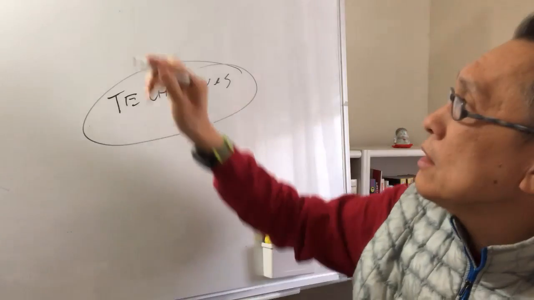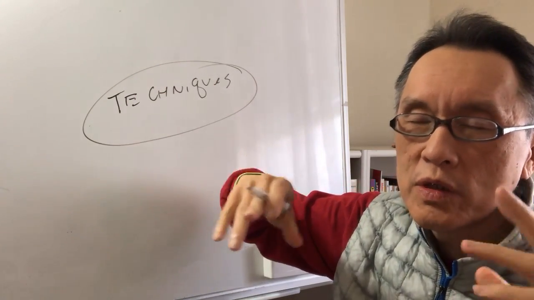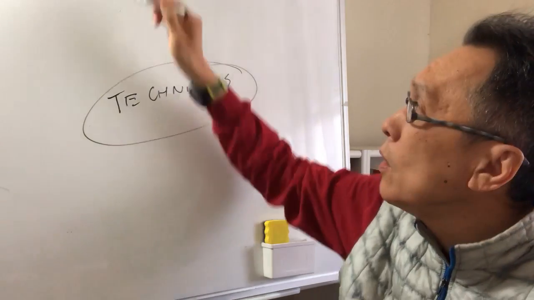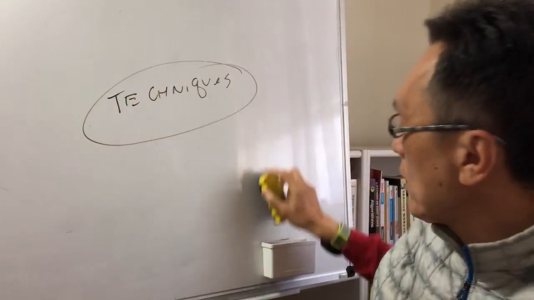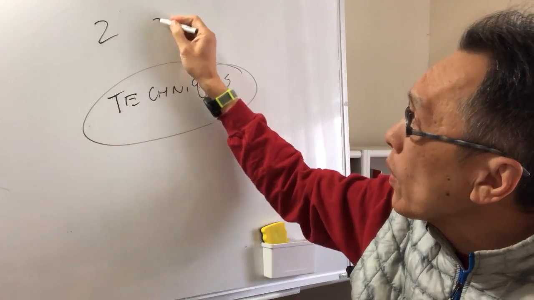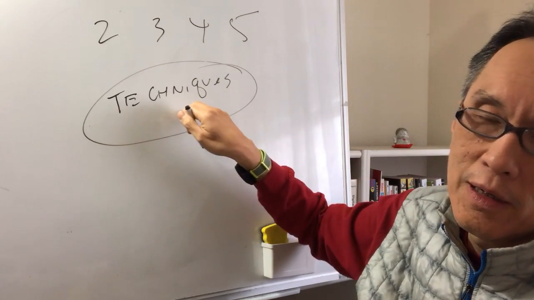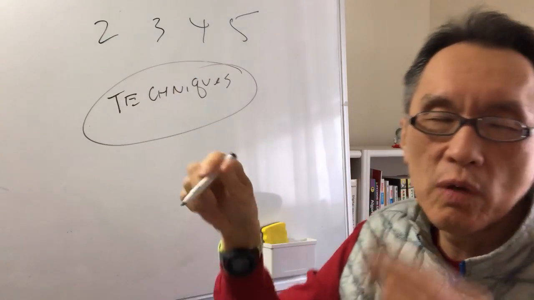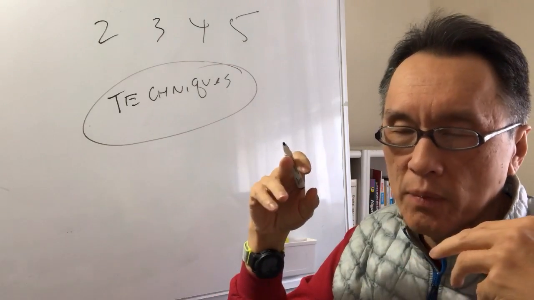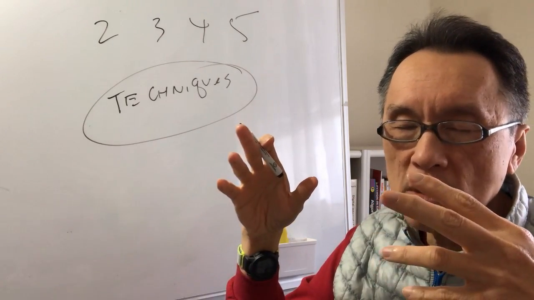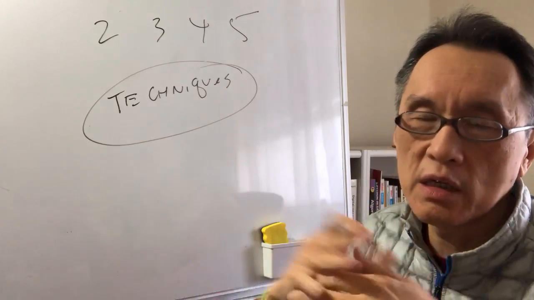What I'm going to summarize, for easy remembering, is that one needs the 2, 3, 4, 5 to support these techniques in order to have a comprehensive view of Wing Chun, and to really study, learn, or develop the skill of Wing Chun.